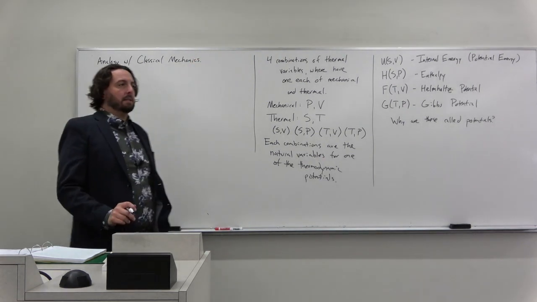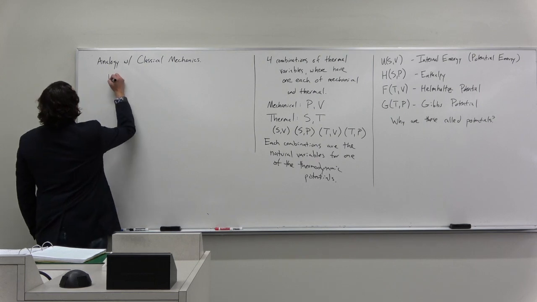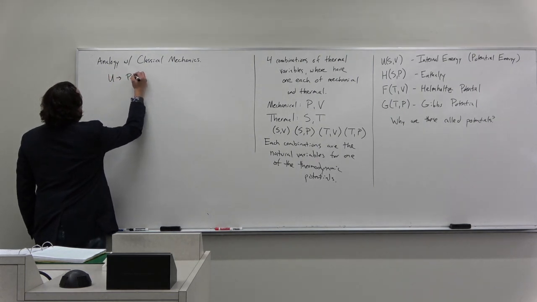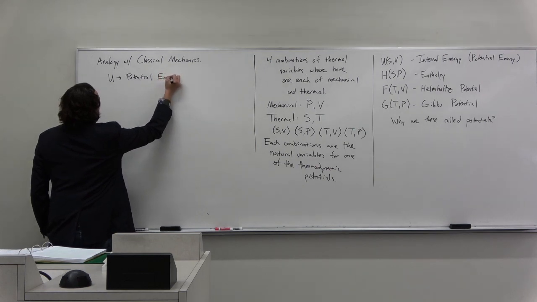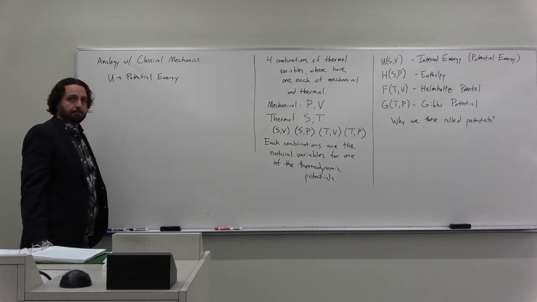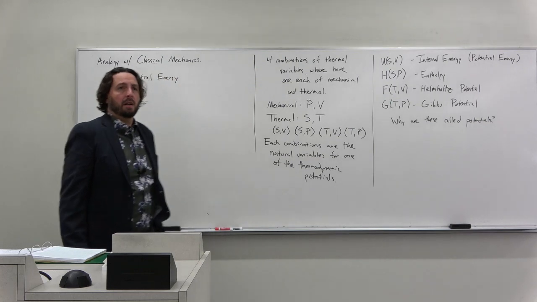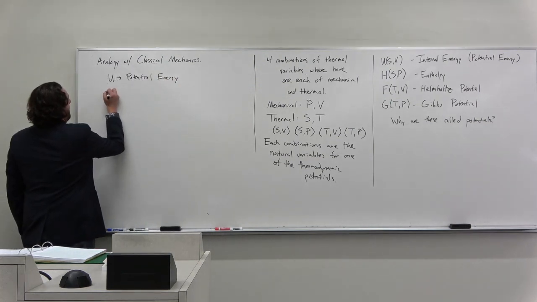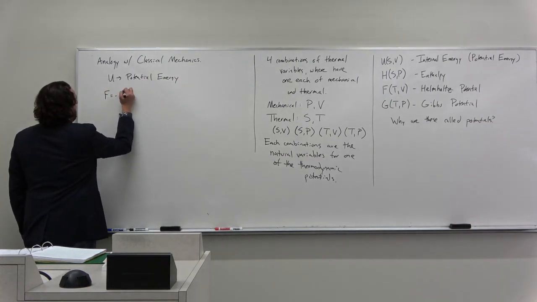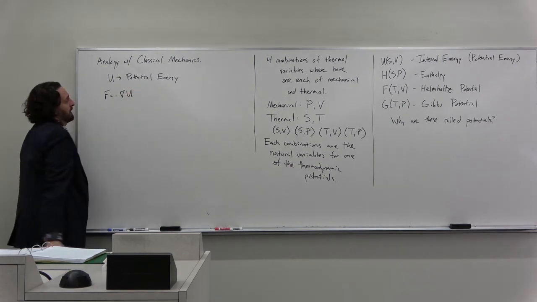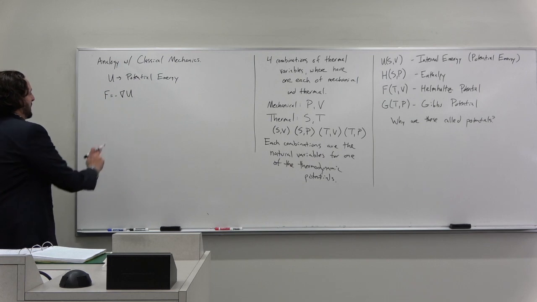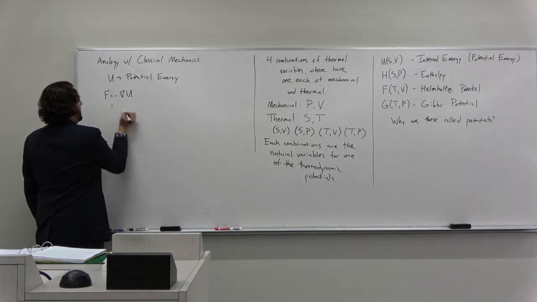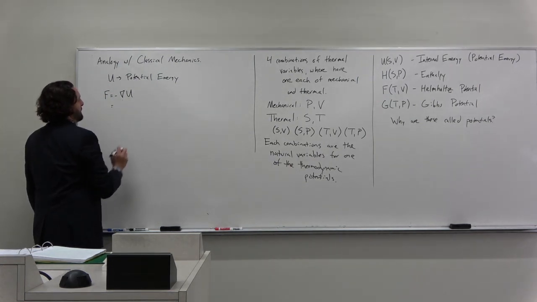So remember, in classical mechanics, if we had U, we called it the potential energy. And the force was equal to minus the gradient of that potential energy. Remember what the gradient is? It's just all of these partials.